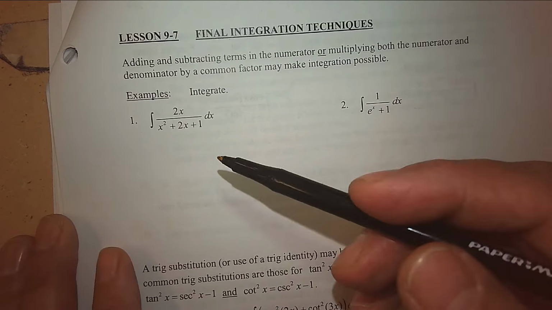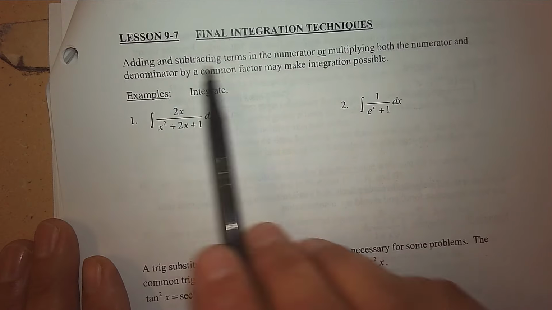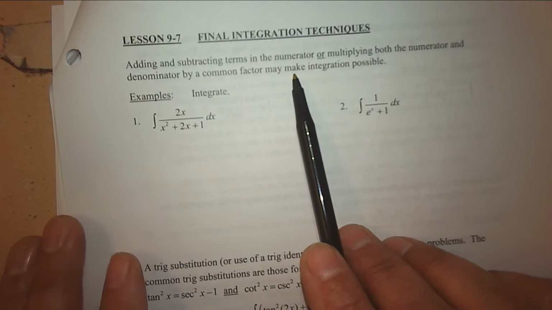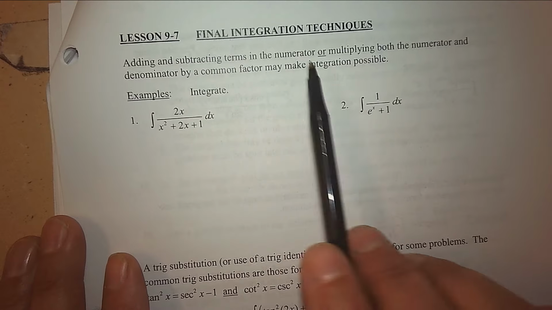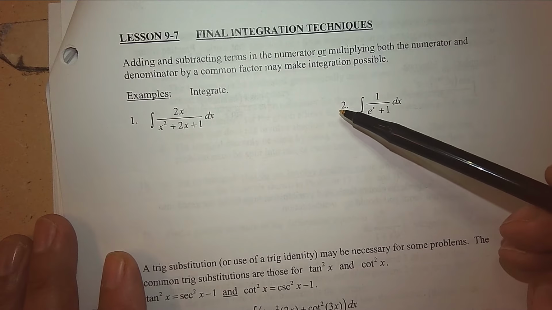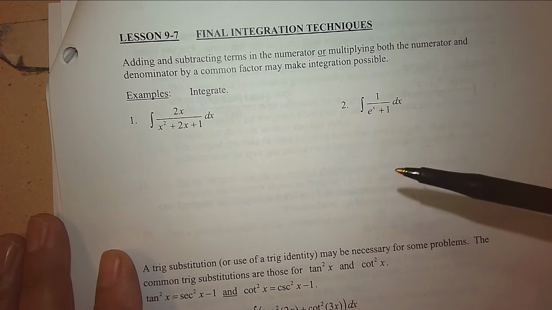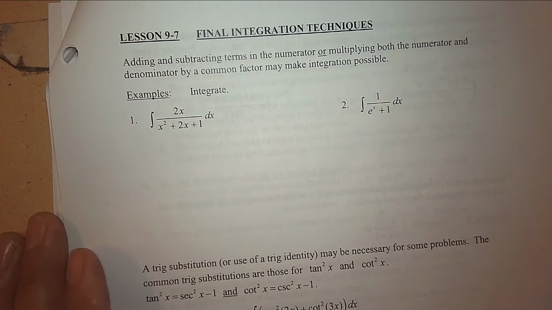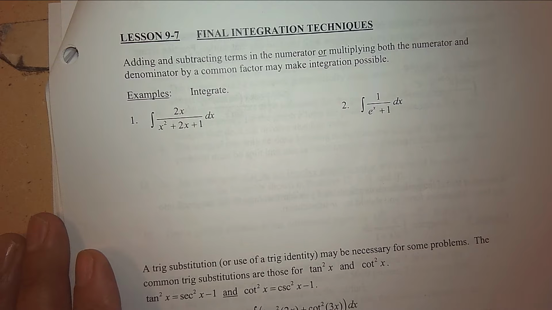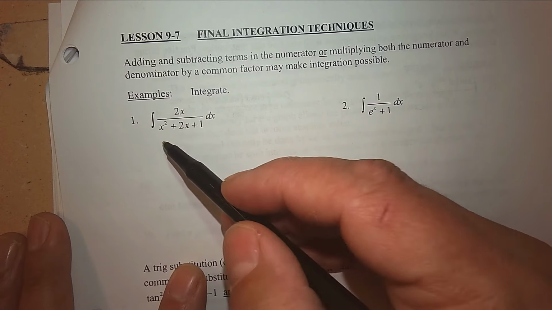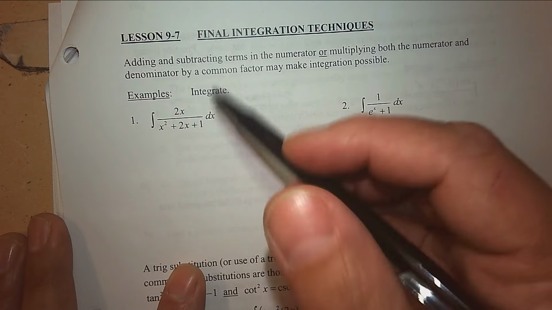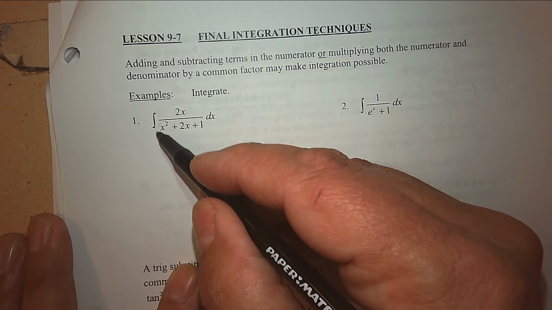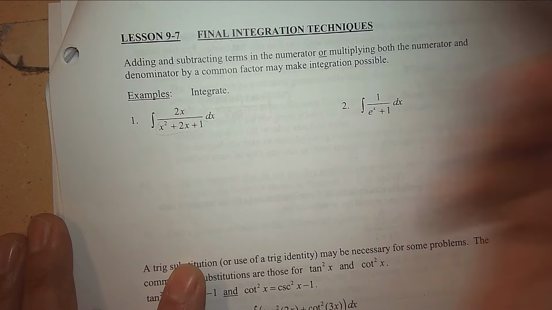So look at example number 1. It says adding and subtracting terms in the numerator, or multiplying both the numerator and denominator by a common factor, may make integration possible. So I want you to look at number 1. If you took the derivative of the denominator, what would it be?